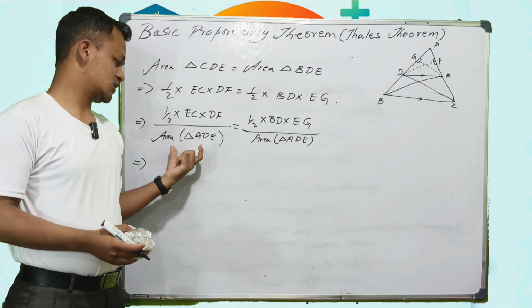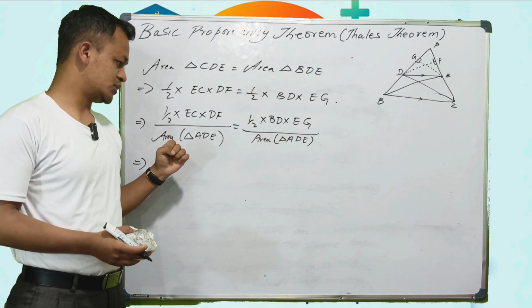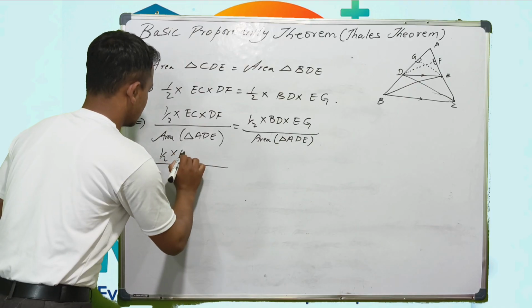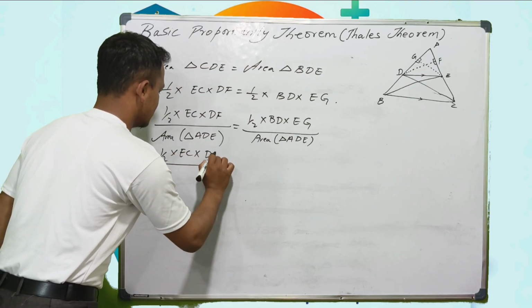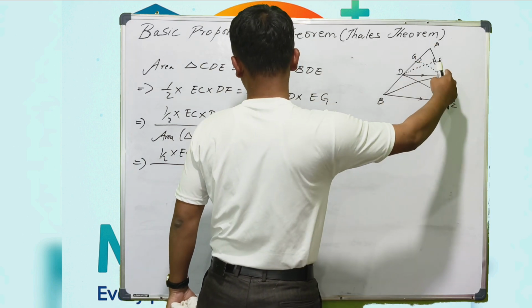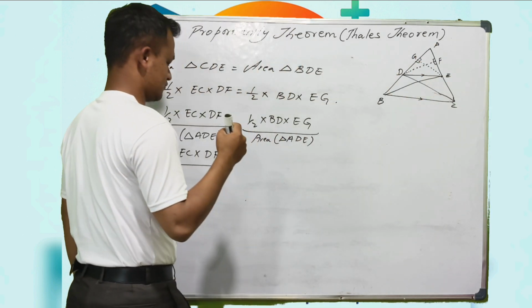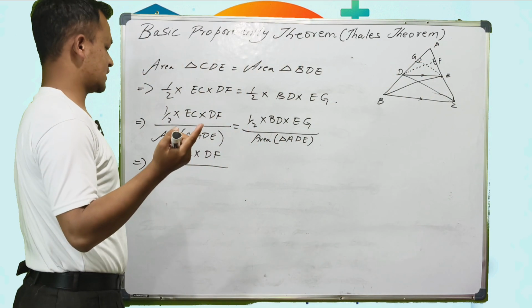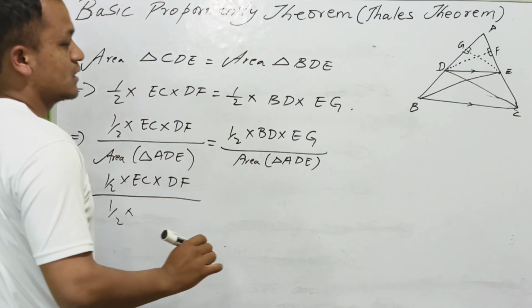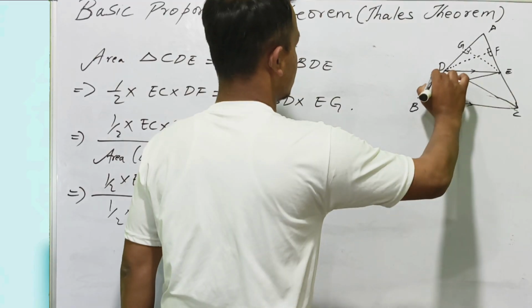Now we can use equation 1 and equation 2. So instead of writing the area of triangle ADE, we are going to write from the previous equations that we got, half into base, so half into AE into DF.